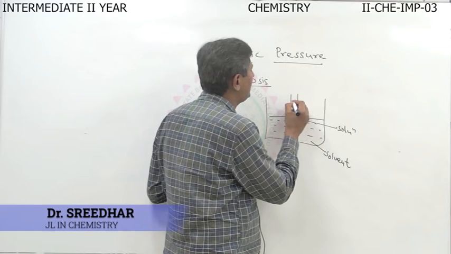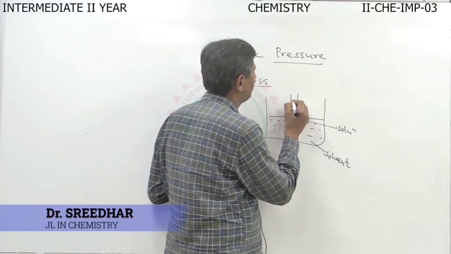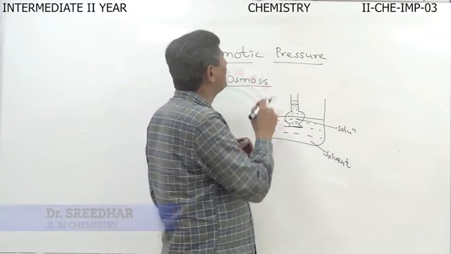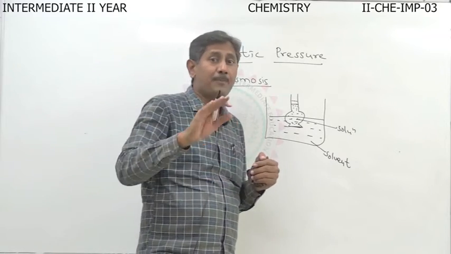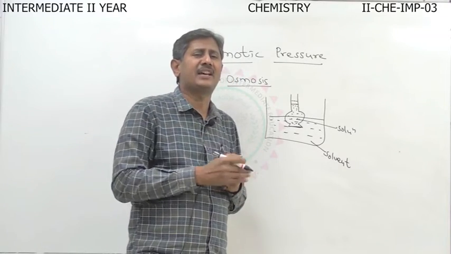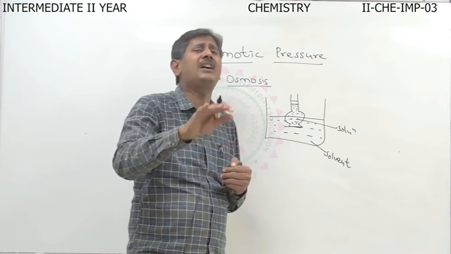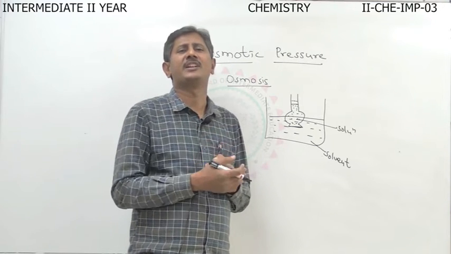So after some time, the level of the solution will increase. Then what is osmotic pressure? The pressure applied on the surface of the solution to prevent osmosis is called osmotic pressure.